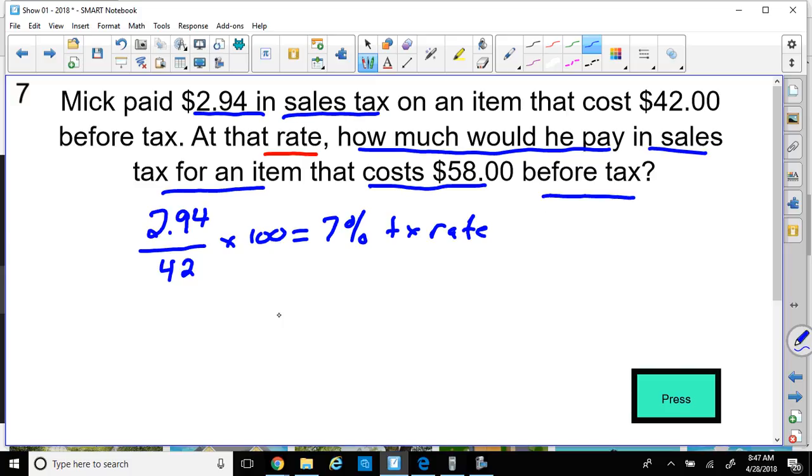So before taxes were applied, he bought something that's $58. Now, in order to put the tax on it, we have to multiply this by 7%, which is what we found up there. And now this will give us just the amount of sales tax, and that's all we need because we want to find out how much is the sales tax.